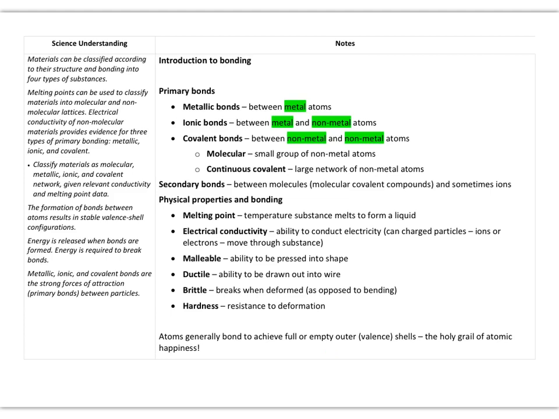In a similar way to when we looked at ions in a previous video, that things usually form ions to again achieve a full or empty valence shell. Whereas the subject outline likes to say stable valence shell configurations. Basically a full or an empty outer shell.